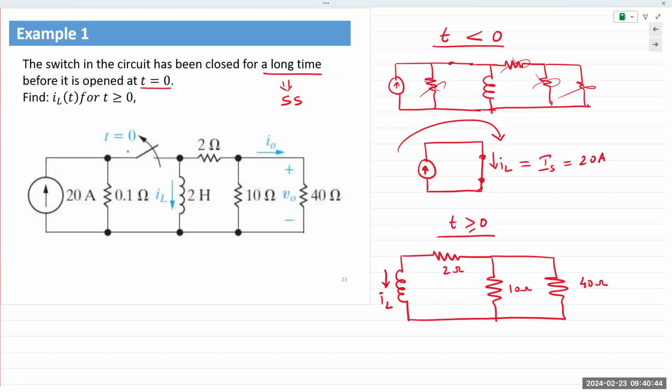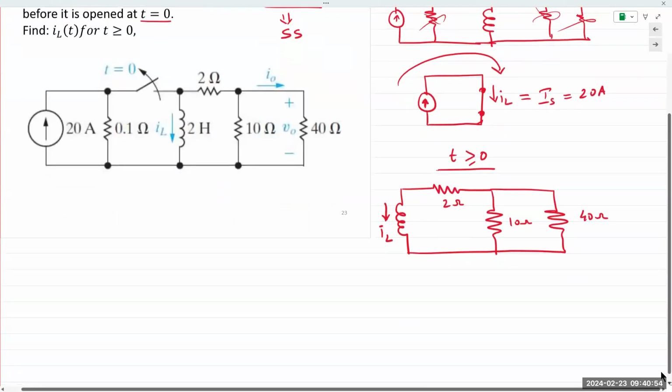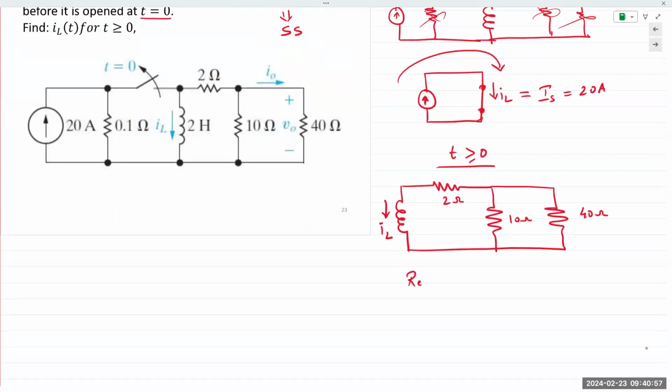And so here, we need to reduce all 3 resistors down to one single resistance. And that would be determining Req as seen by the inductor L. Okay. Find Req as seen by the inductor L. So you remove the inductor L and you find Req from these 2 terminals.